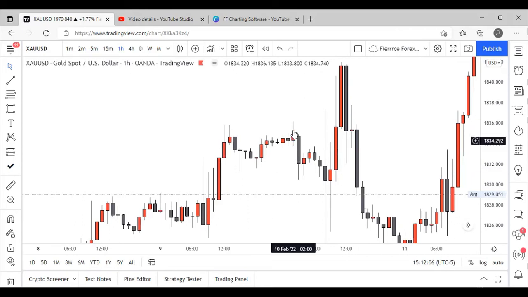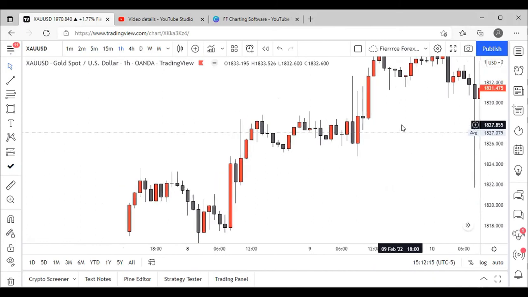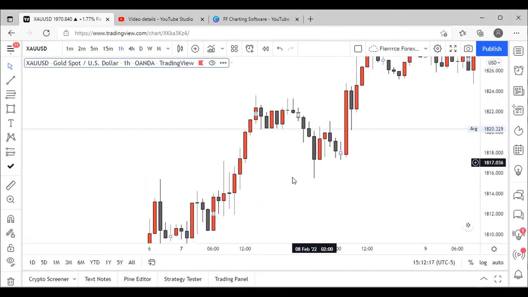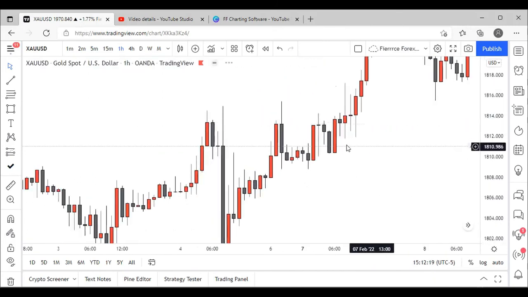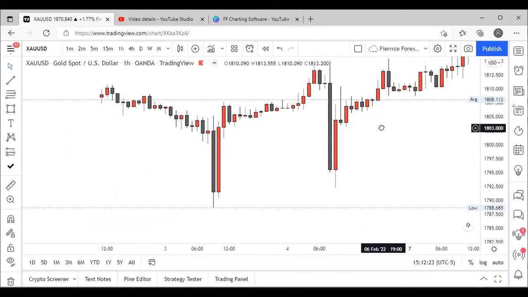Close above, this is a bullish candle. It closed above this previous candle, signifying a rejection. Let's keep looking. You may not see them all the time, but when you see them, it's really significant.